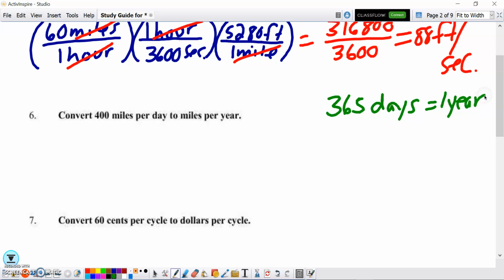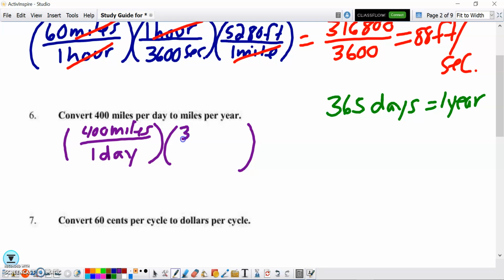So now we can go 400 miles in 1 day. I want to get rid of the days, so I'm going to put 365 days up here, and that would be 1 year.